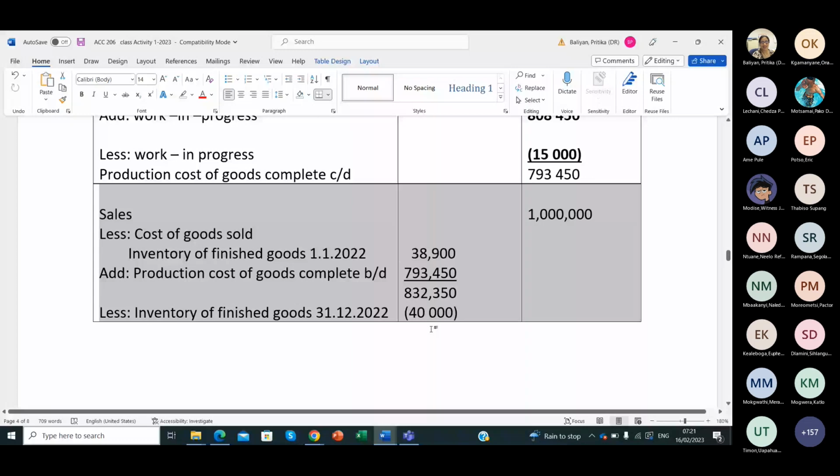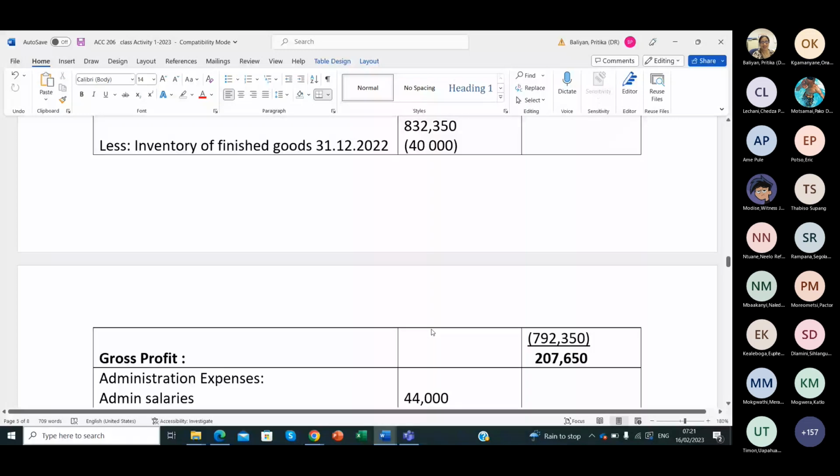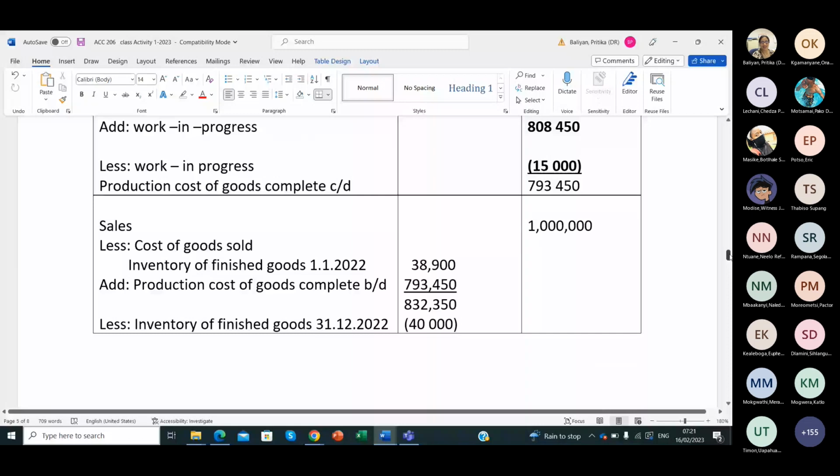Okay. Yes, ma'am. From 832,350, when we subtract 40,000, the remaining cost of goods is 792,350. This we subtract from the sales revenue. The cost of goods we subtract from the sales, then you will get the amount of gross profit.